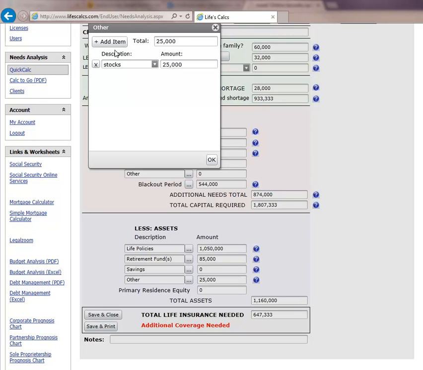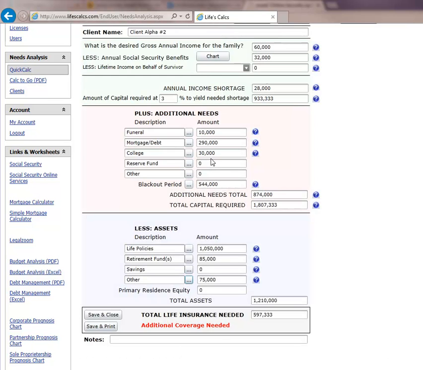And then they have a building lot that they feel could be liquidated. Today's value is about $50,000, and they can itemize any amounts of whatever they want at this point in time. You can go back and recreate that. Between the life insurance, the retirement plan, and other assets, they've got $1.2 million.